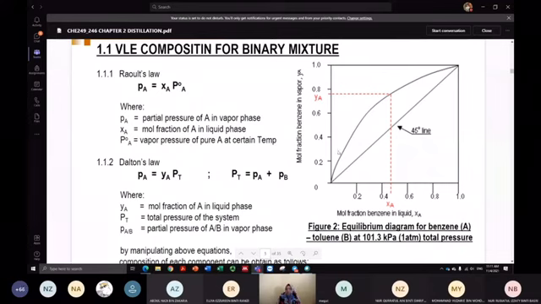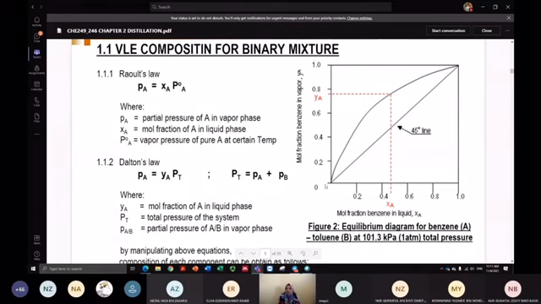For the equilibrium diagram, you have to make sure that you draw the graph using at least 70% of your graph paper. The highest value of mole fraction should be only 1.